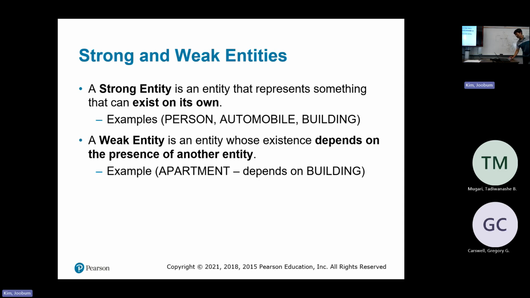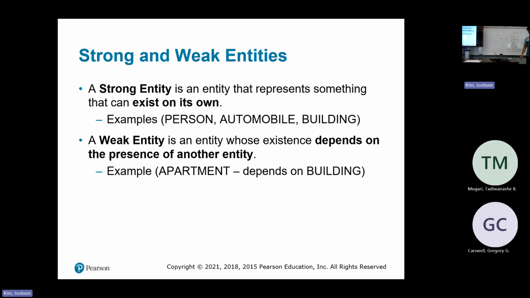One is, what is that? Strong entity and weak entity. So a strong entity is an entity that represents something important and can exist on its own without any help of other entities.